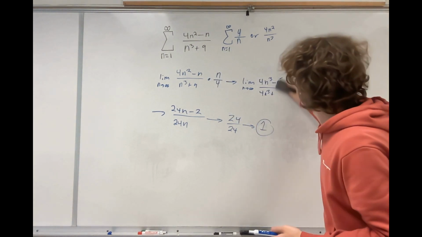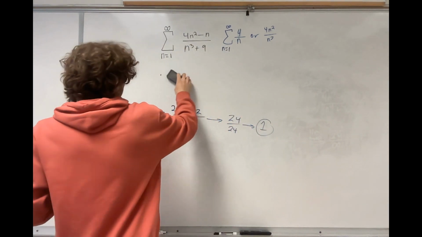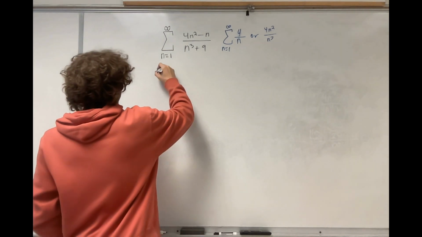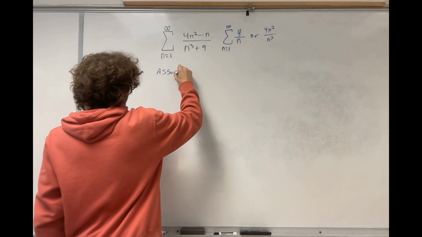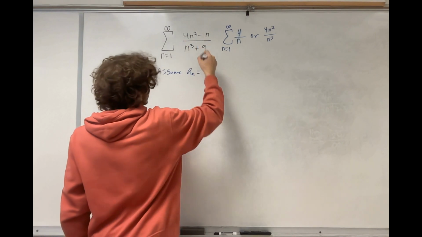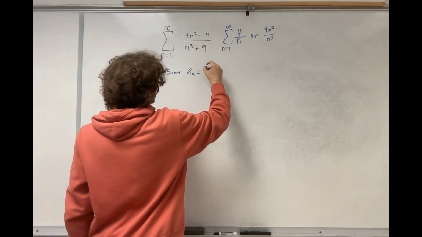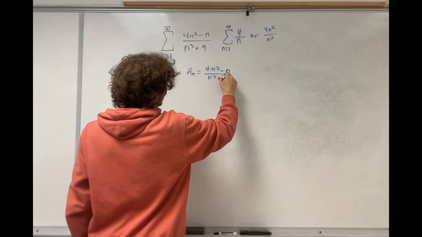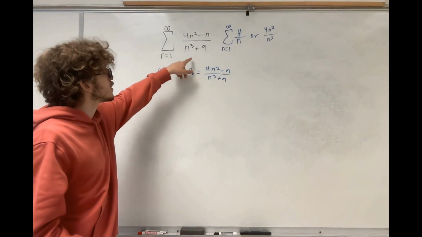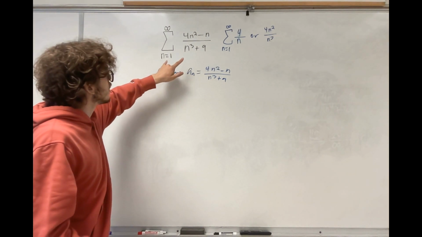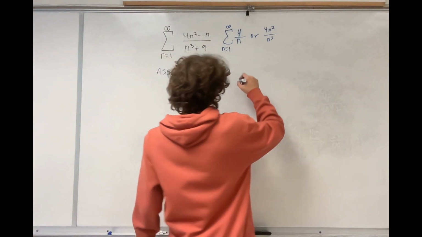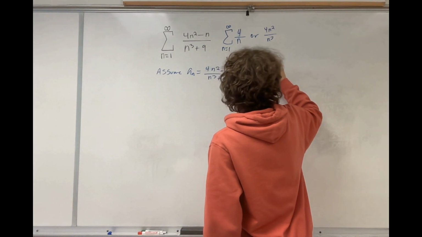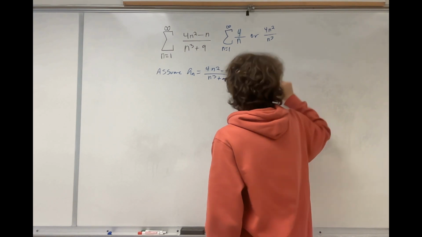Well, we're going to state the following. Assume a sub n is equal to this. So a sub n, we're saying, is equal to the partial sums of this series, and b sub n is equal to 4 over n.